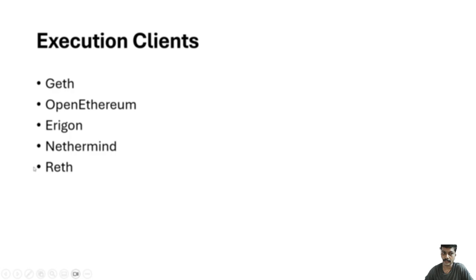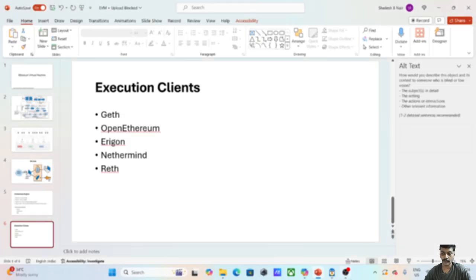Reth is in Rust, and I think some others like Open Ethereum are also written in Rust, but Geth is basically in the Go language, and it's used in a very drastic way. But Reth is very new, and it is much faster compared to Geth, but it is an ongoing thing actually.